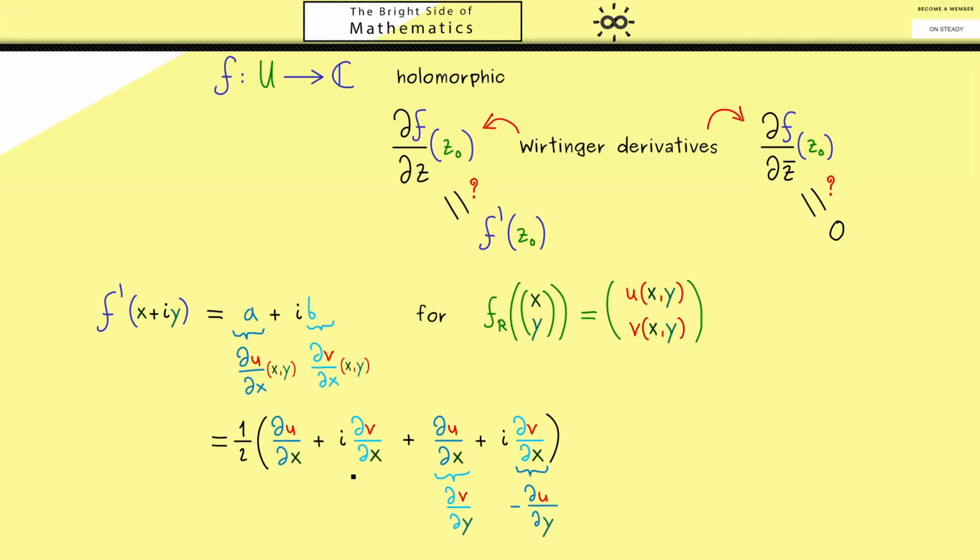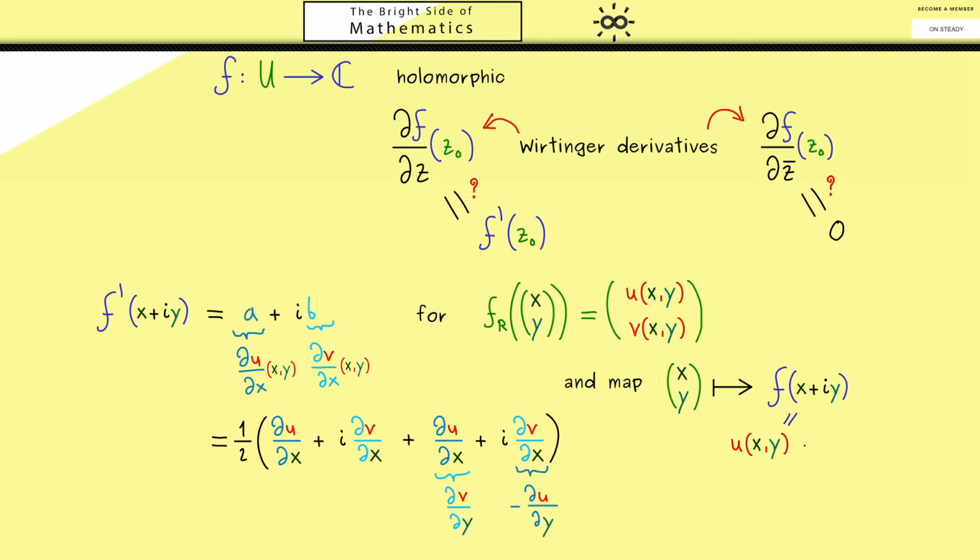And this is what we can apply to our knowledge that u is the real part of the function f and v the imaginary part. Or in other words, we can also look at the map that has xy as an input but a complex number as an output. Namely, f at the point x plus iy should be the output. So you see, as the map f tilde, this carries exactly the same information as the map f. It's just again another point of view.